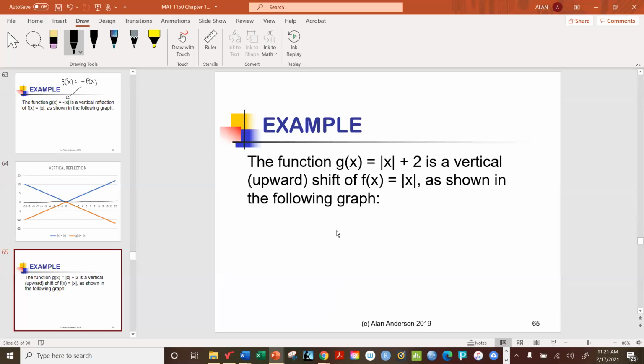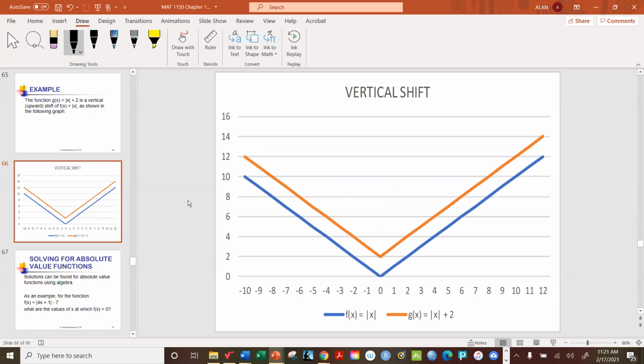And that's exactly what happens. All right. Ta-da! Up by 2, and it's exactly the same, perfectly parallel shift of 2.